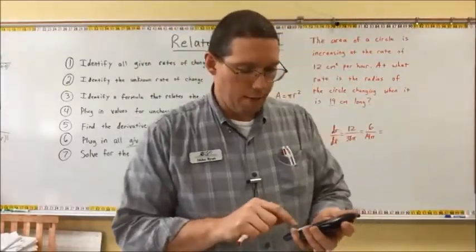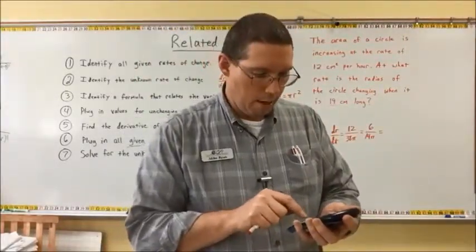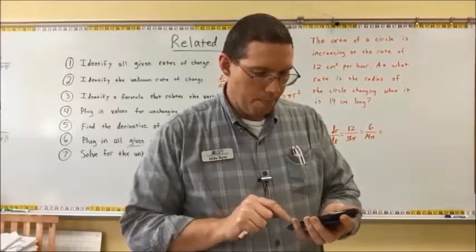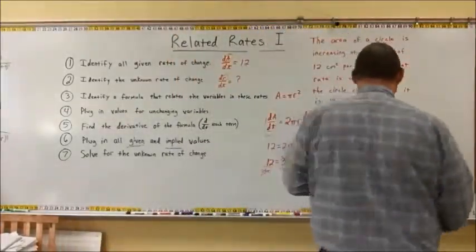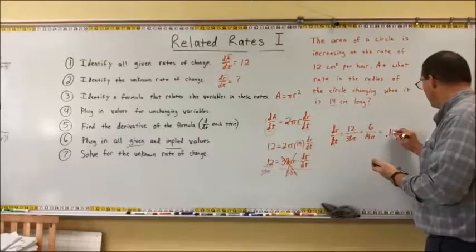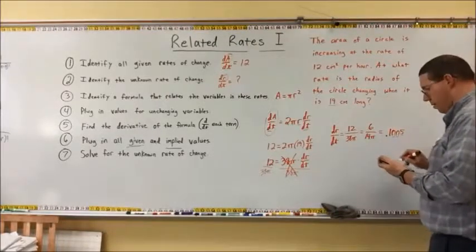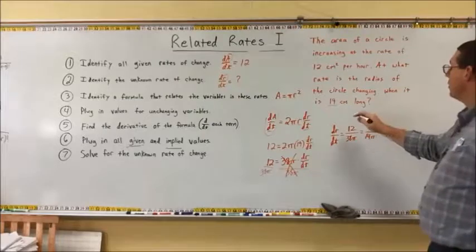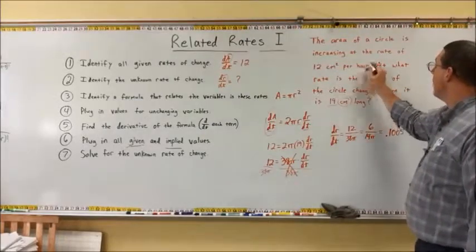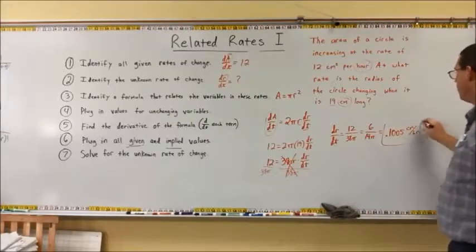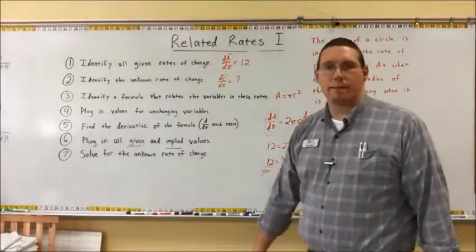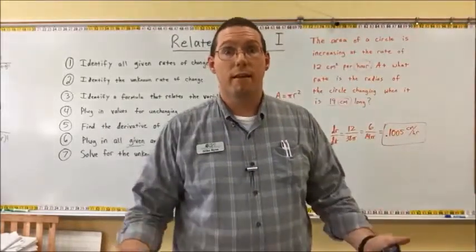So if we did that, 6 divided by 19 pi would give us 0.1005. And what are we dealing in here? Centimeters and hours. So that would be centimeters per hour, and that would be the rate of change in the radius at that particular instant in time.